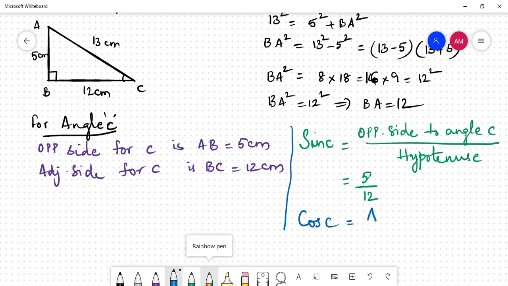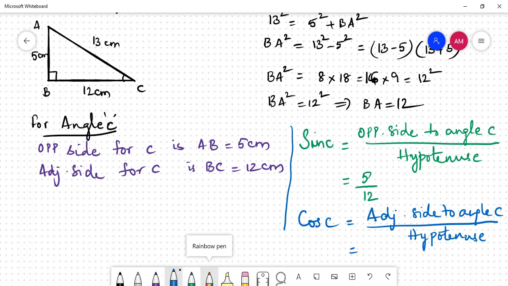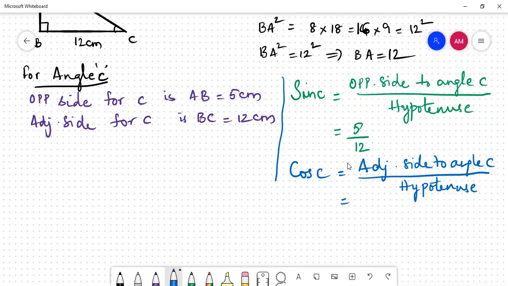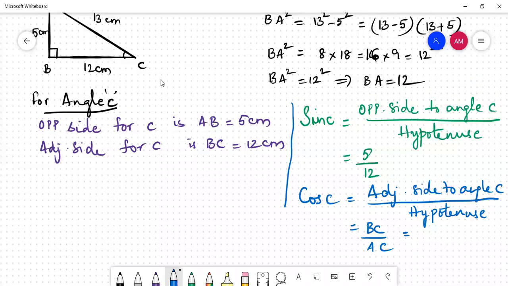So let us find cos C. What is cos C, ma? Adjacent side to angle C by hypotenuse. So what is the adjacent side here? Adjacent side is BC. What is hypotenuse here? AC. So what is the value here? 12 by 13.